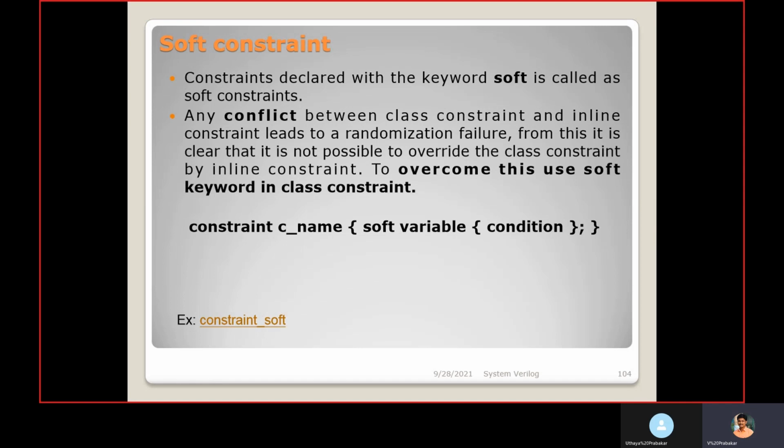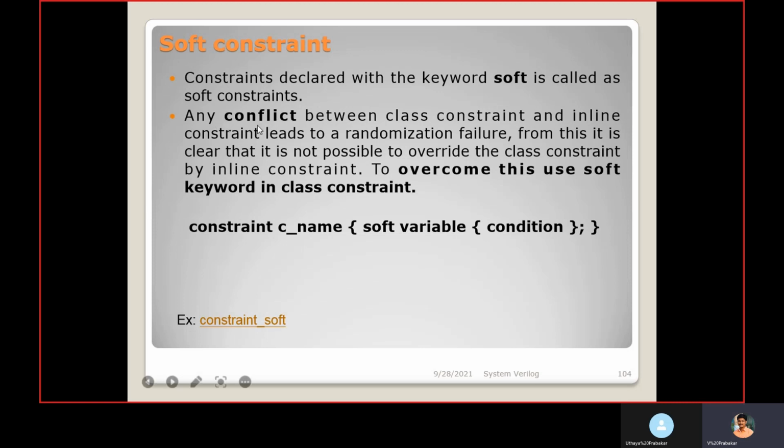If I write two constraints like this, the compiler gives constraint inconsistency failure. To avoid that, we can use soft constraint. When you use the soft keyword, that constraint will not be affected. For example, if I didn't apply another inline constraint, the soft constraint will take effect.